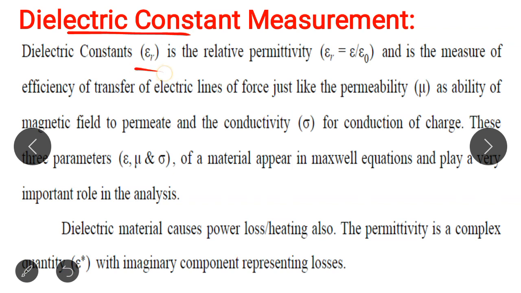The dielectric constant, denoted as epsilon r, is the relative permittivity, that is we can express that epsilon r equals epsilon upon epsilon 0, and it is a measure of the efficiency of transfer of electric lines of force, just like permeability is the ability of a magnetic field to penetrate and the conductivity sigma is for the conduction of charge.